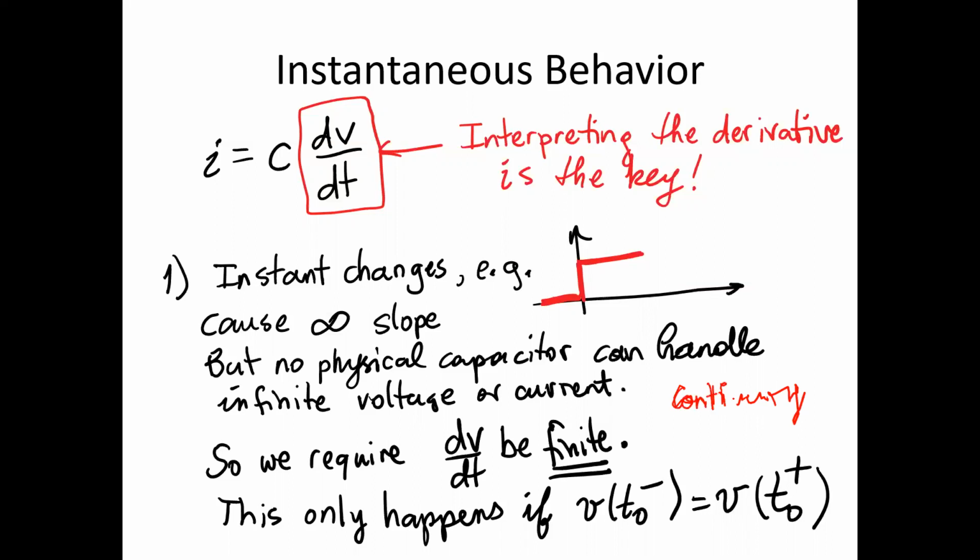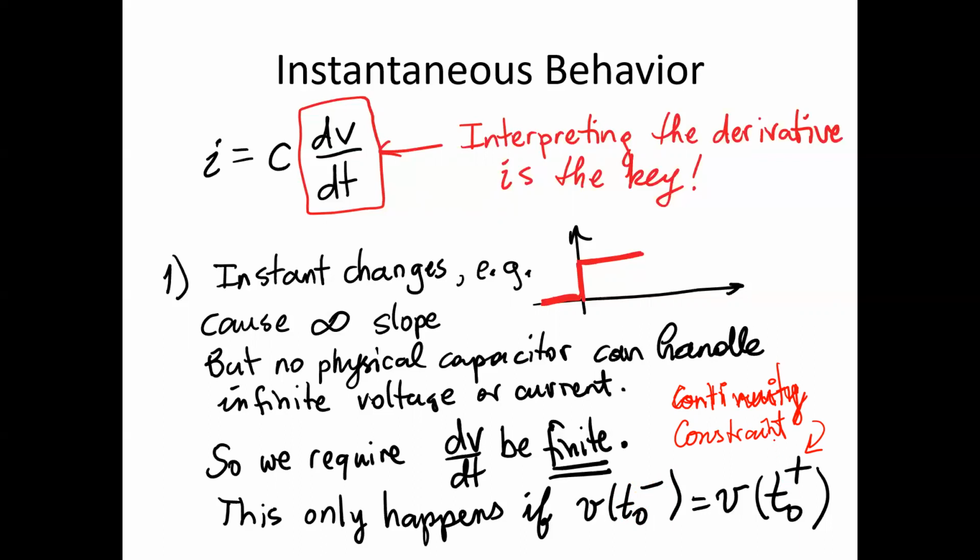Continuity. What I mean by continuity is that the voltage must be a continuous function of time. A corollary of that requirement is that, supposing a particular event happened at t0, t0 minus represents the instant before the time t0, whereas t0 plus represents the instant immediately after the event.